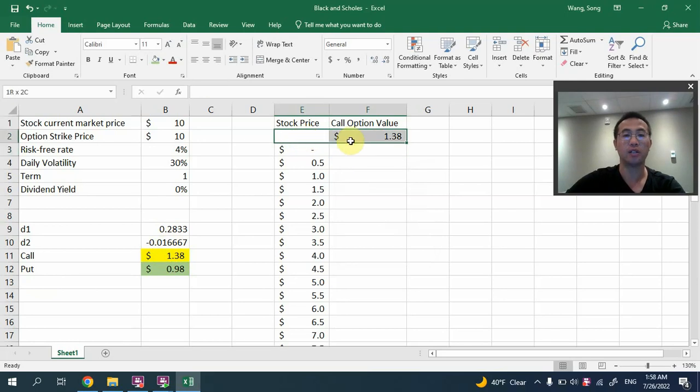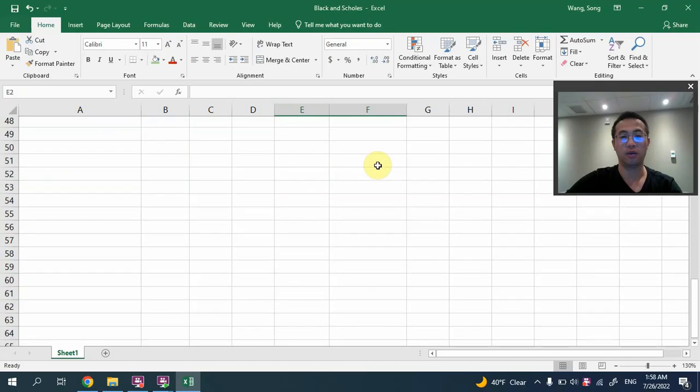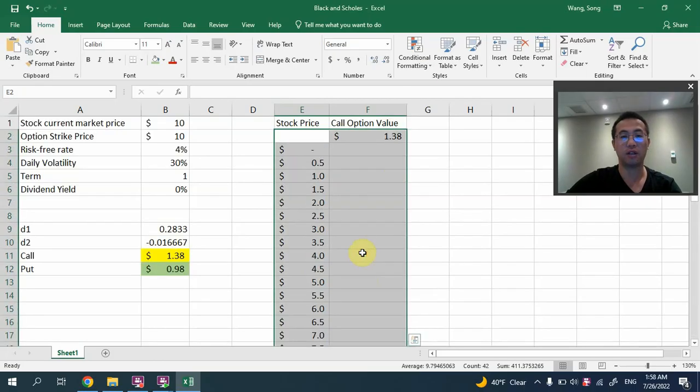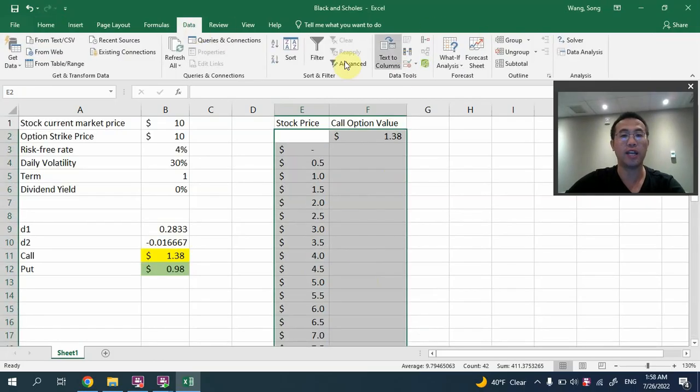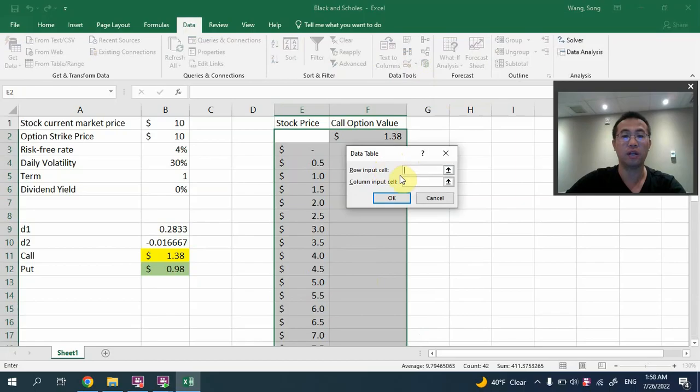So let me just select everything here. Then I'm going to use Data, and then What-If Analysis, then Data Table. All the numbers to be used as replacement are in the column, so I'm going to use this part, and all the numbers here will be used to replace this cell. So I just click on it, and then the data table will automatically generate the call option values.